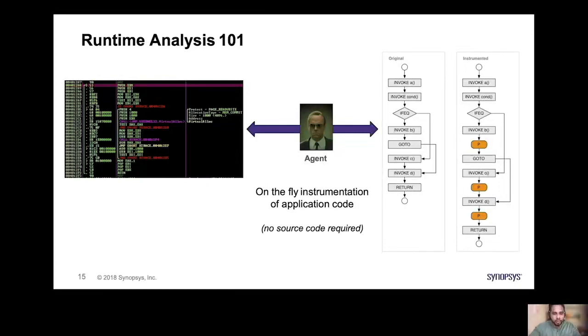If I were to zoom in on the magic that the agent performs, here's what it looks like. At its core, it uses instrumentation, which is basically injecting code into the running application without modifying the binaries. On the left, you can see the original code flow, and further right, you can see these little orange blocks. These are nothing but segments of instrumentation code inserted during the instrumentation process.